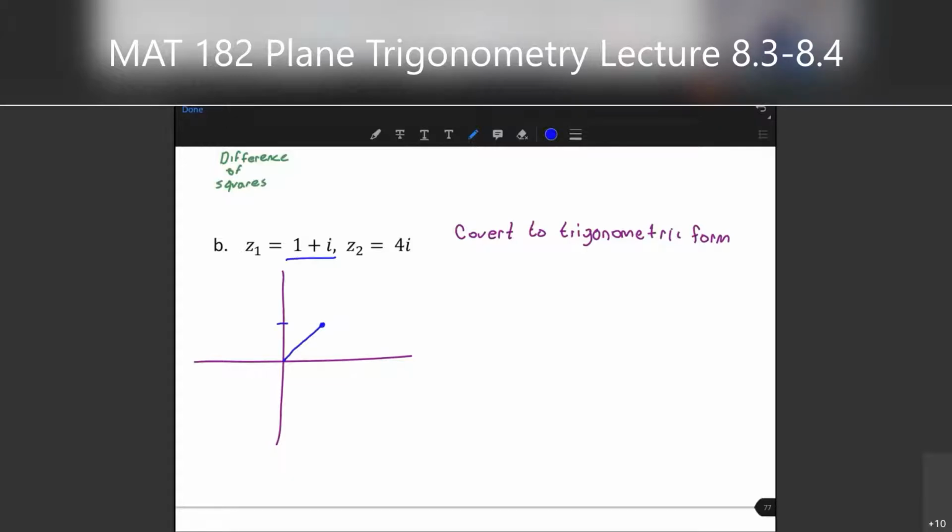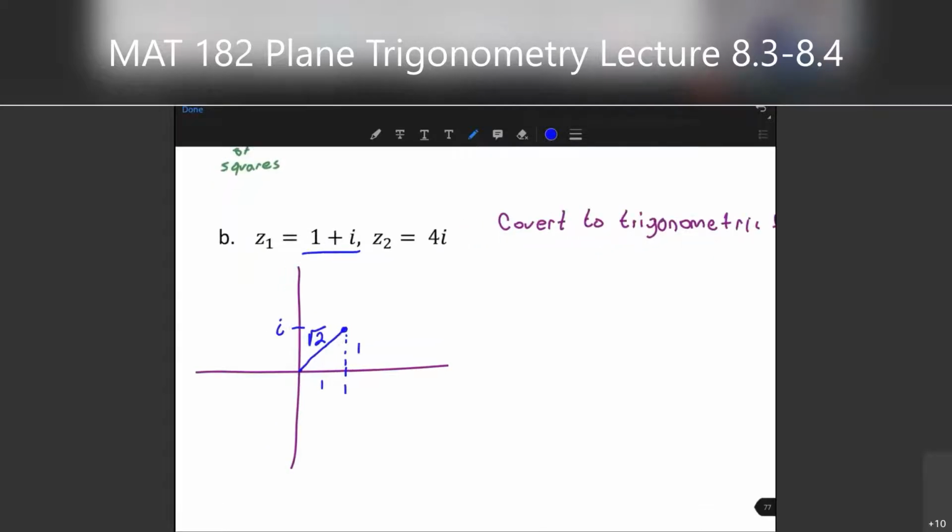Notice that in this case, this vector creates a 1 by 1 by square root of 2 triangle with that vector. This is Z1. And that angle that's produced, this is a 45-45-90 triangle, so this would be an argument of 45 degrees.